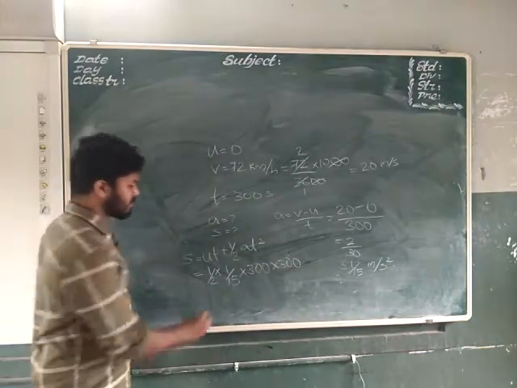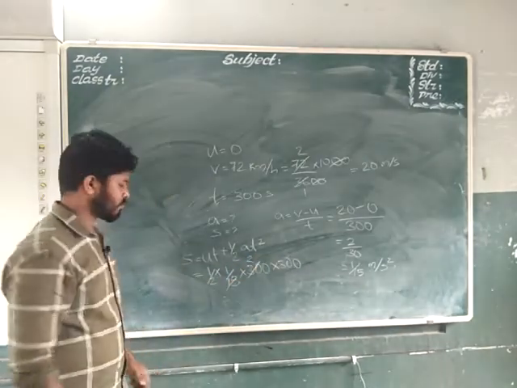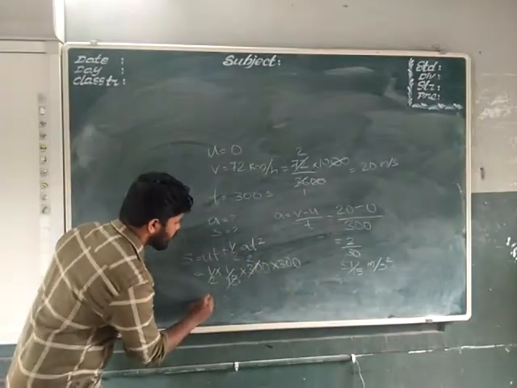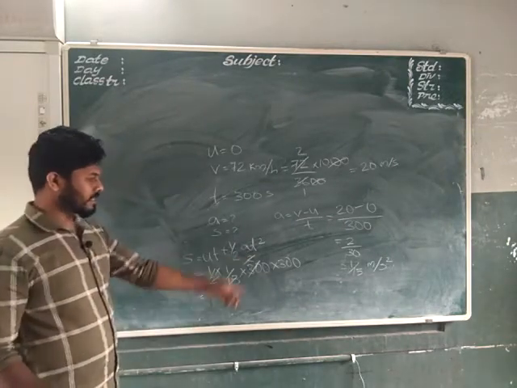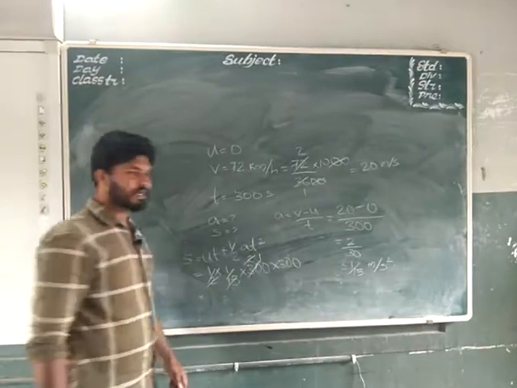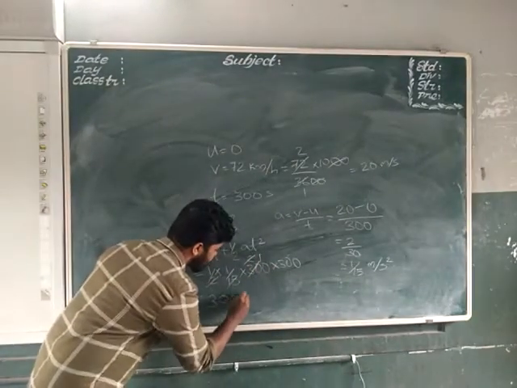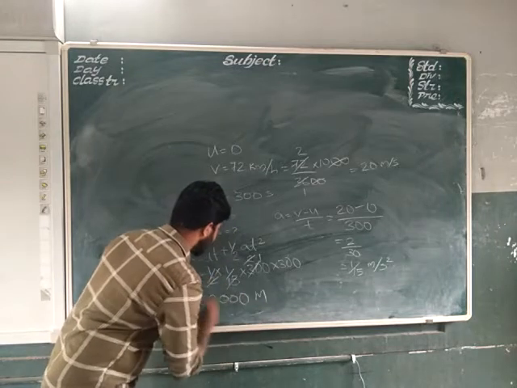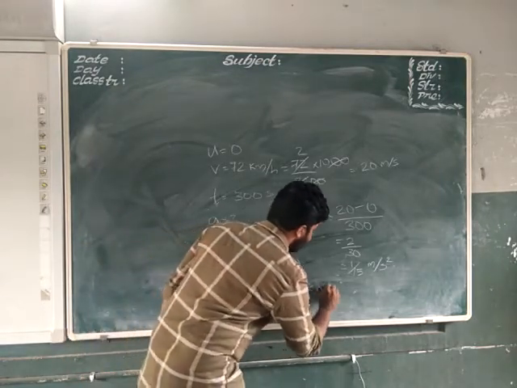Let's cancel this. Before cancelling that, let us do this also. We can cancel this 2, so the remaining is 1. It is 10. 10 into 300 equals 3000 meter, or it is equal to 3 kilometer.